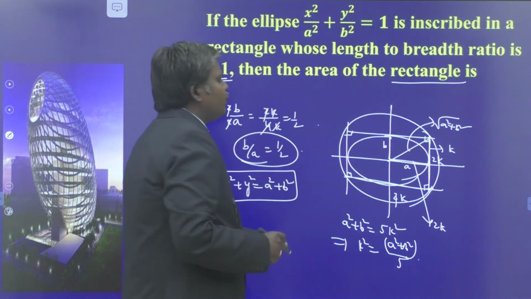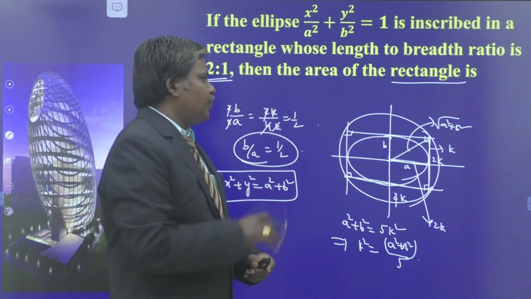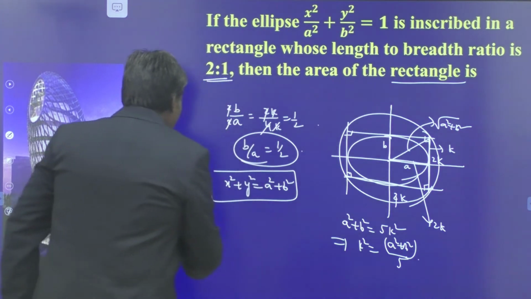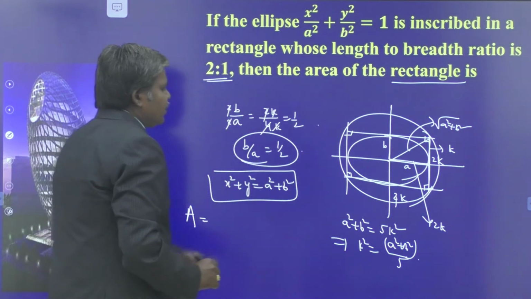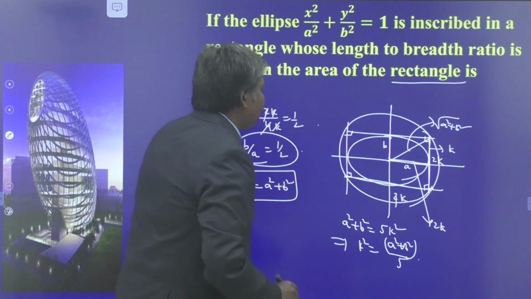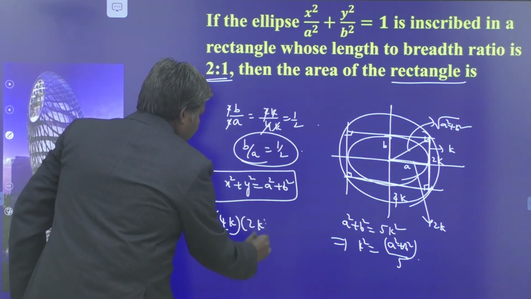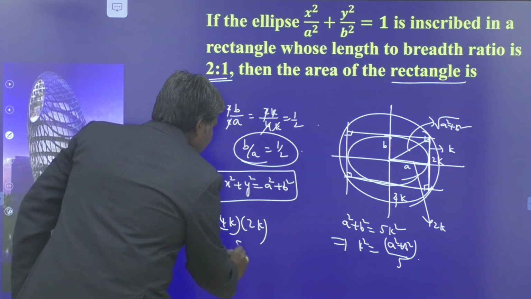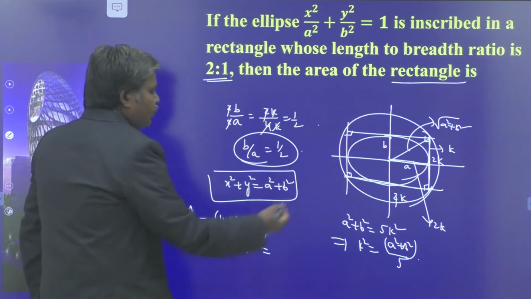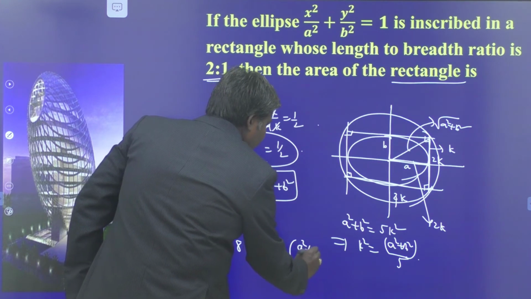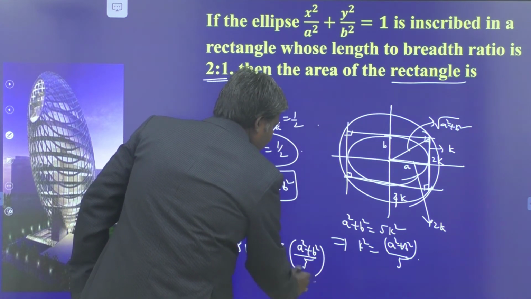We are going to give its area in terms of a and b. That is your logic. So we have the k square value. What is the area of your rectangle? Area A is equal to length into breadth, 4k into 2k. So it is 8k square. We have the value of k square, so 8 times a square plus b square by 5.